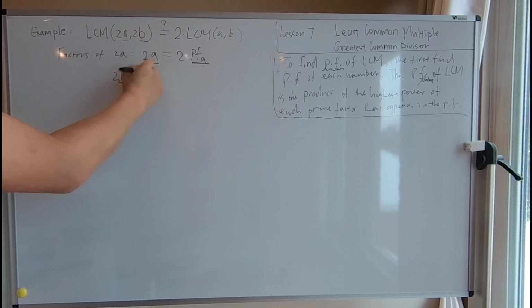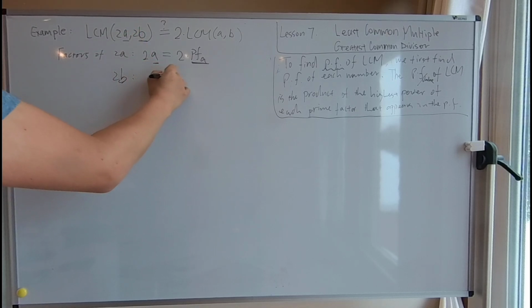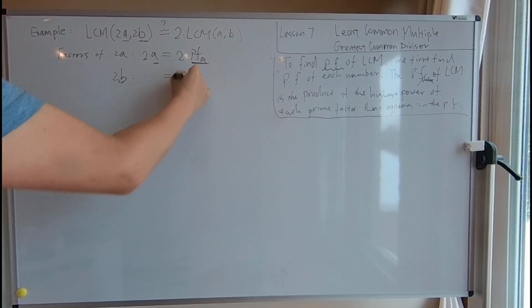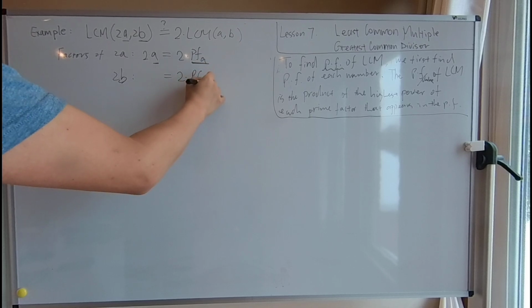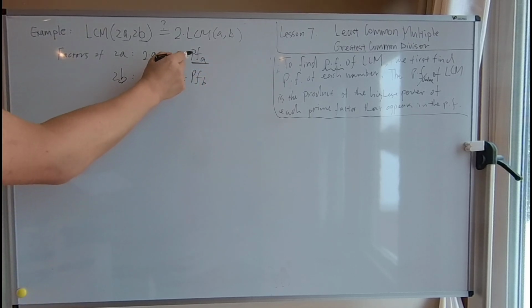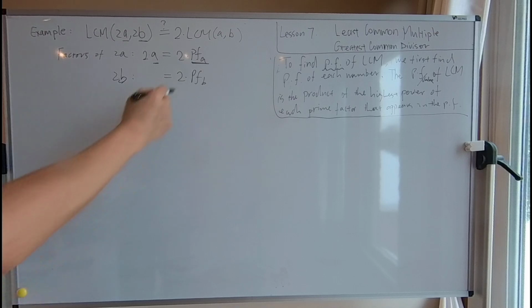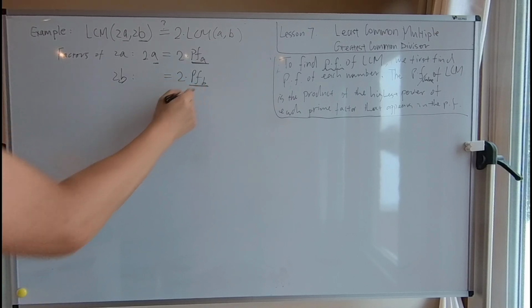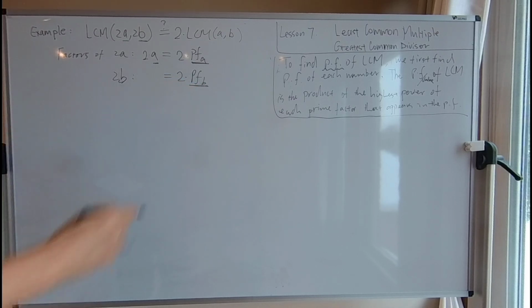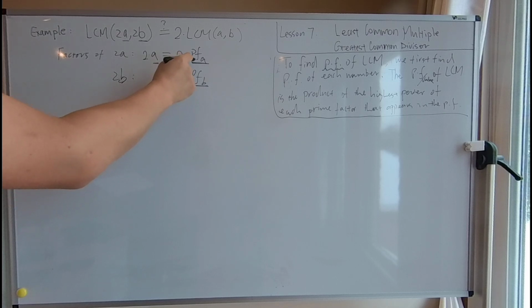Similarly, for 2b, the factors can be written as 2 times the prime factors of b. Even though I don't know what their prime factors are, I can write them into this notation to denote the prime factors.